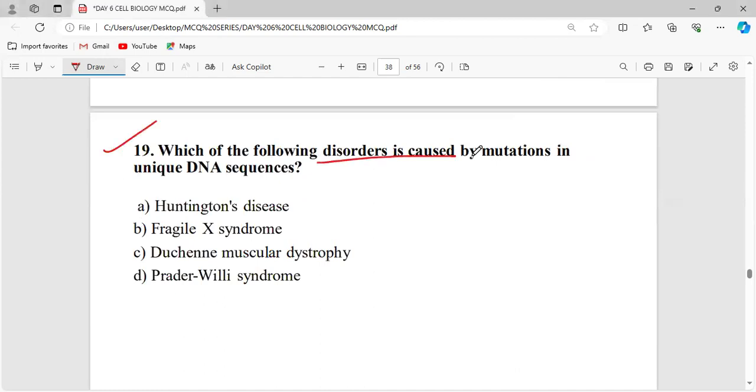Which of the following disorders is caused by the mutation in unique DNA sequences?